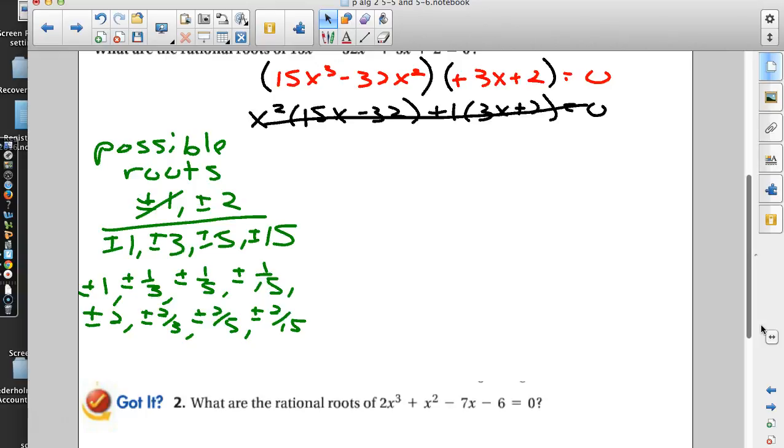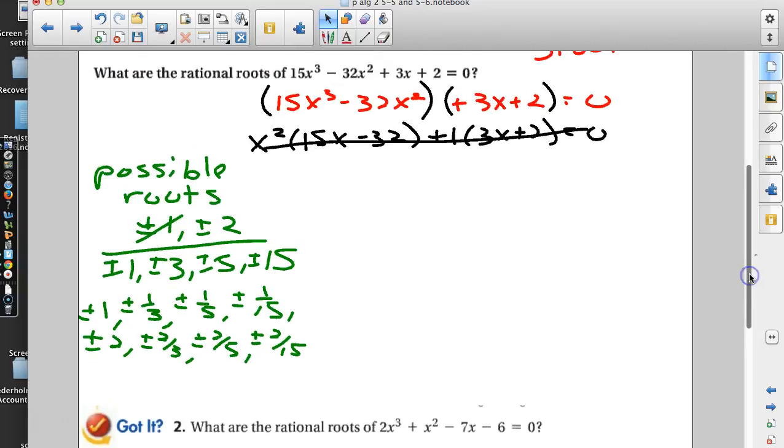And we're going to put in, way up here, in the black, the original: 15x to the 3rd minus 32x squared plus 3x plus 2. And we're looking for where this crosses the x-axis. So I'm going to try zoom 6. Maybe we'll see one.